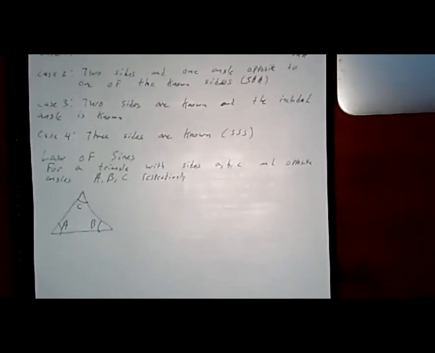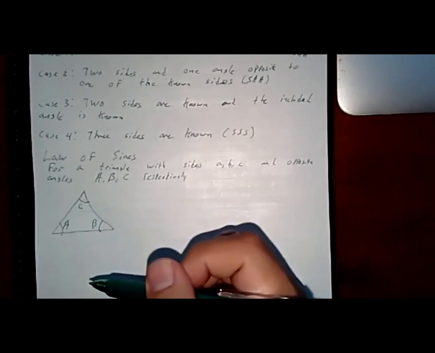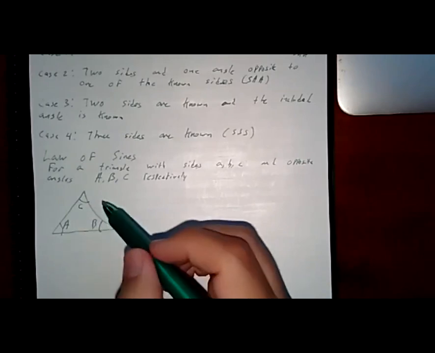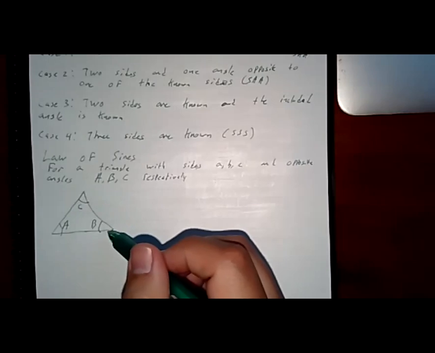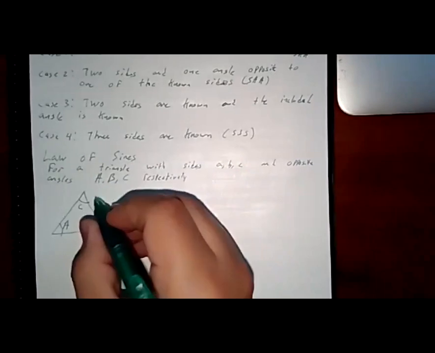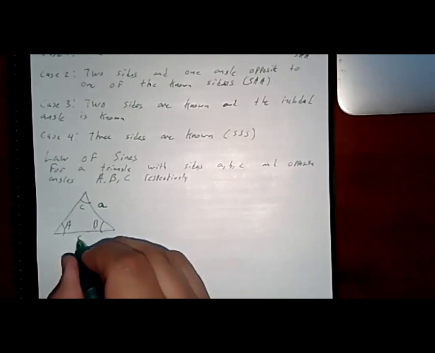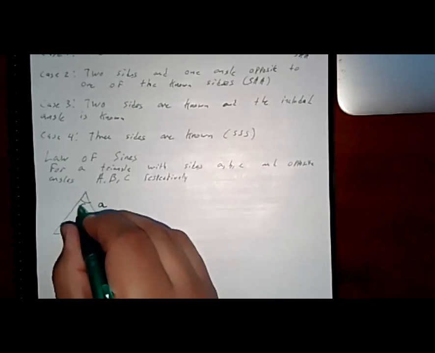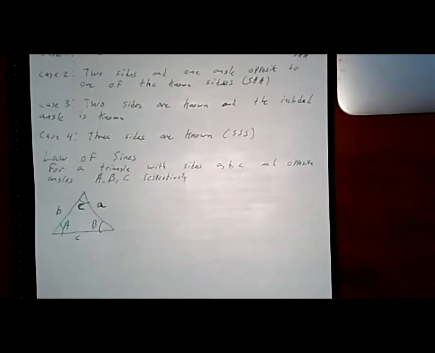If the triangle is written this way, it's not perfect, but it's just a general triangle. The only thing I promise is that this is not a right triangle, okay? But if it was, this formula would simplify automatically. We'll put a little a opposite to capital A, little c opposite to big C, capital B opposite to lowercase b.